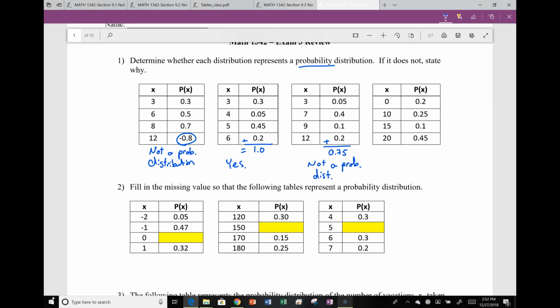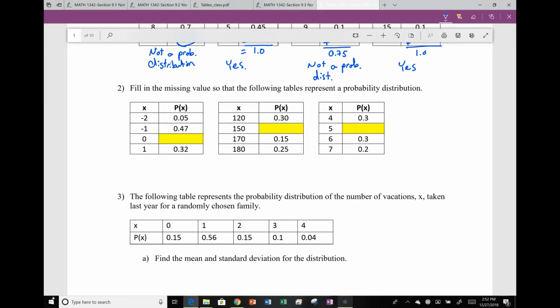Now on the last one, they're all between 0 and 1, which is good. And then when we start to add them up, we add up to 1. So yes, this last one is a probability distribution. Again, you must remember that probability distributions, the probabilities themselves have to add up to 1.